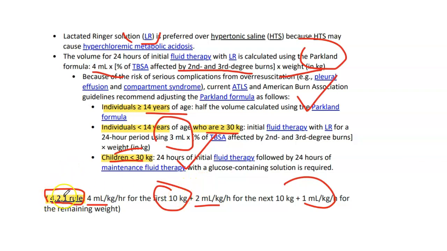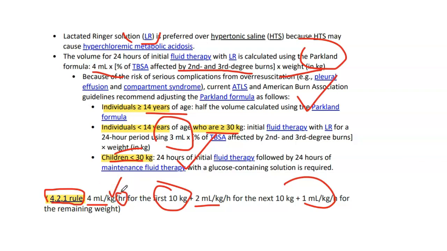For the next 10 kg we multiply 10 by 2, which gives 20. So 40 plus 20 equals 60, and for the next 10 kg we multiply by 1, so 60 plus 10 equals 70. So 70 ml per hour will be the maintenance fluid for the patient. Remember, the rule of 4, 2 and 1 is per hour.